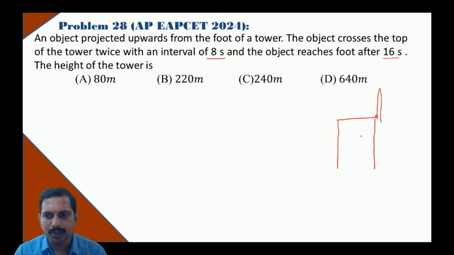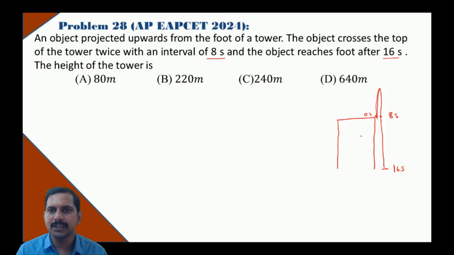That is, if there is a stone, it goes up, then comes down, and when it reaches here, it takes 8 seconds. So when it is here, 0 seconds, it goes up, comes down, and then falls down, right? And to reach the bottom of the tower, it takes 16 seconds, right? So now we have to find out what is the height of the tower.